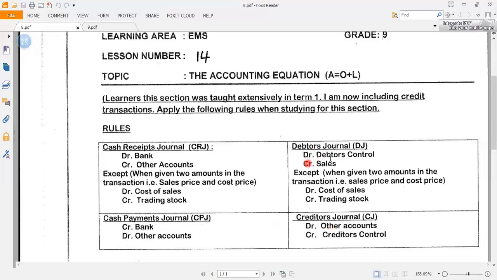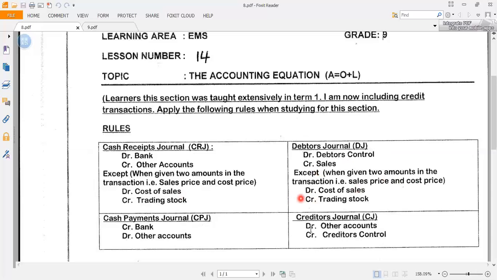Here you got a debit debtors control every time a debtor makes purchases from you, and we're going to credit sales. Except when we are given two amounts in the transaction, that is the sales price and the cost price. For that, you got a debit cost of sales and credit trading stock. Same as in here. Can you see that?